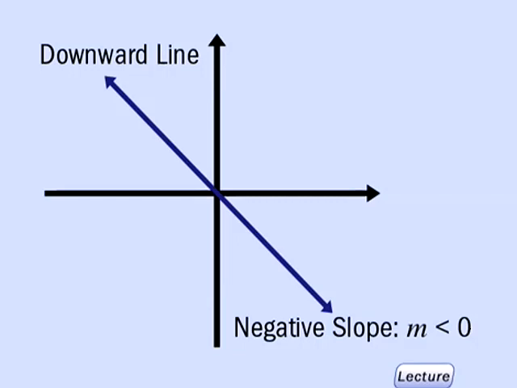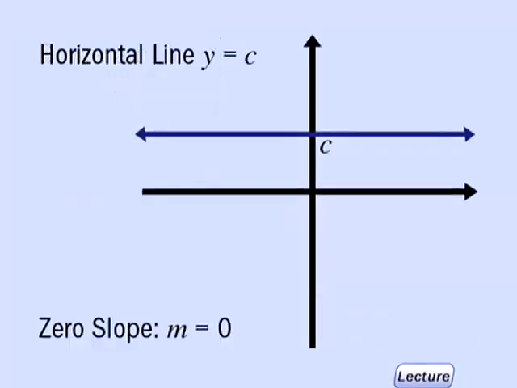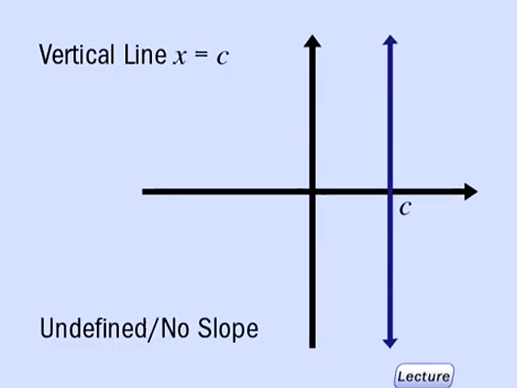If your line has a negative slope, if m is less than 0, as you move with your line from left to right, you move downward, or you say you have a downward line. If your line has a 0 slope, m is equal to 0, you have a horizontal line. An undefined slope or no slope, the line is a vertical line.